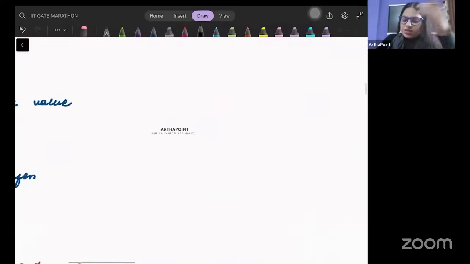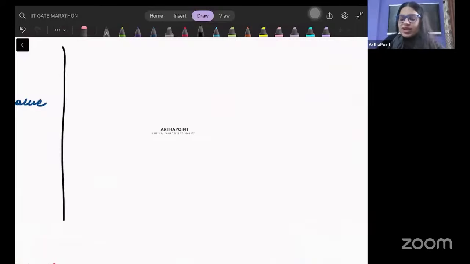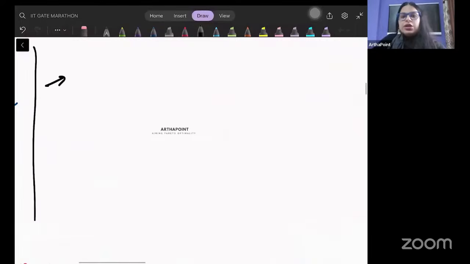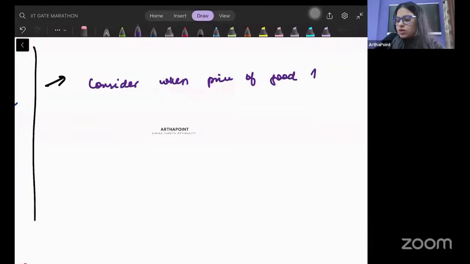On this, yesterday only you were asking me this question. Suppose there is a statement like this. This comes up a lot in many exams. Even in IIT this can be asked. Suppose they say something like this and ask you: consider, when the price of a good increased, the demand of the good increased.